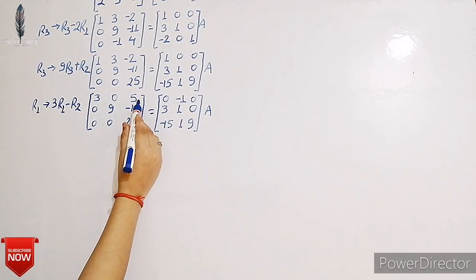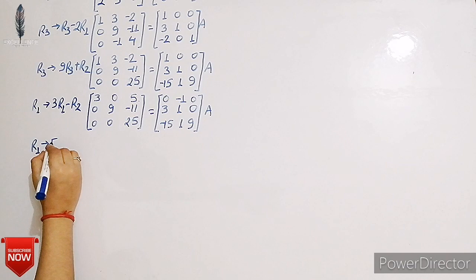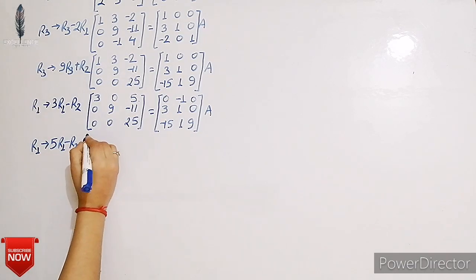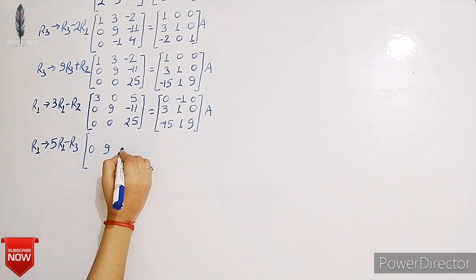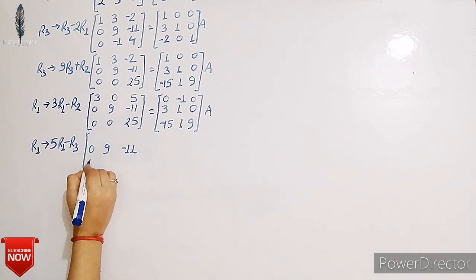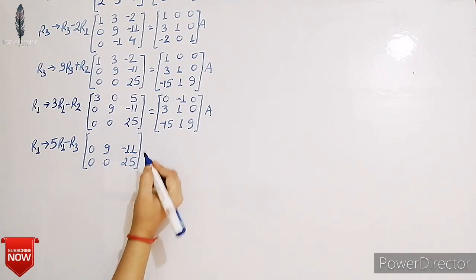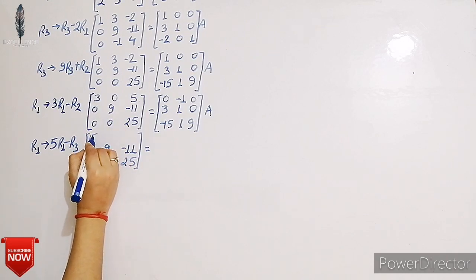Now change this 5. So R1 is such that 5R1 minus R3. R2 same, R3 is also same 0 0 25, and R1 becomes 5R1, so it is 15.